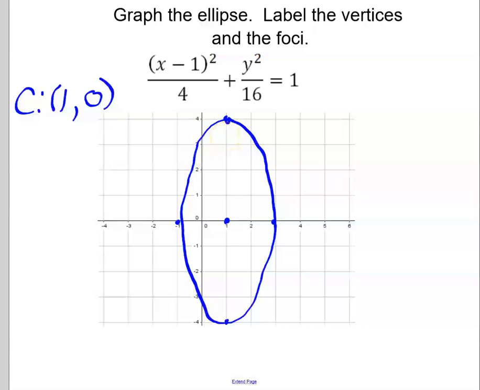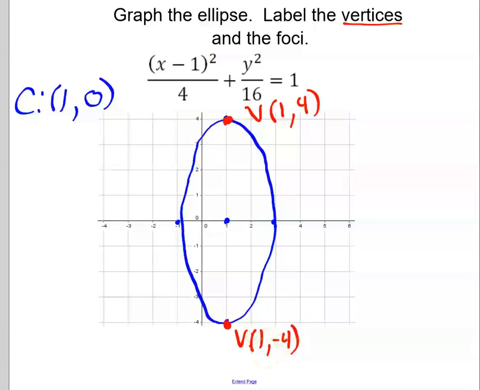My mistake, these are your vertices. Your vertices are always on the major axis. They're the points on the ellipse that are on the major axis. So this vertex is 1, comma 4. This vertex is 1, comma negative 4, right?